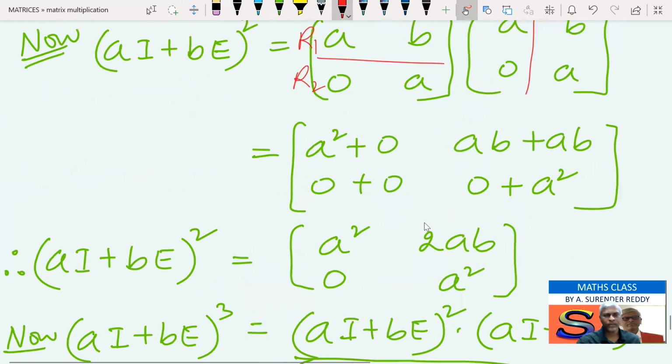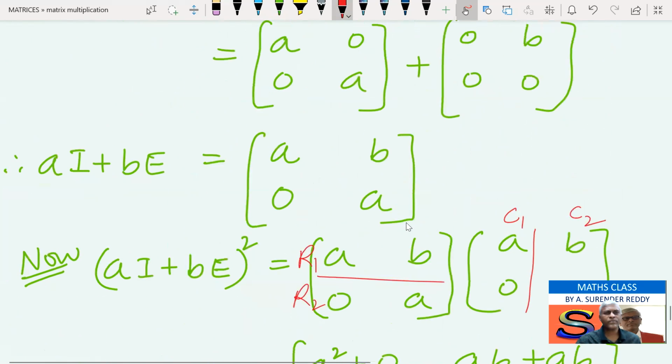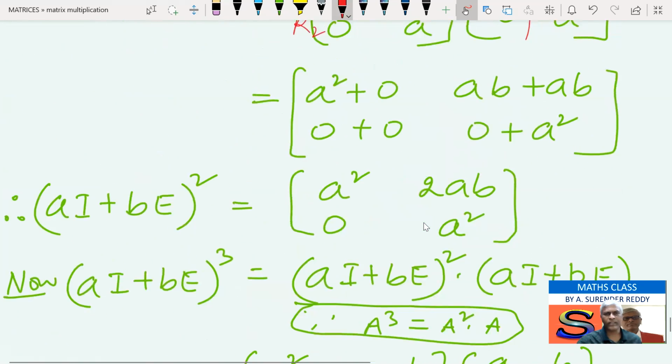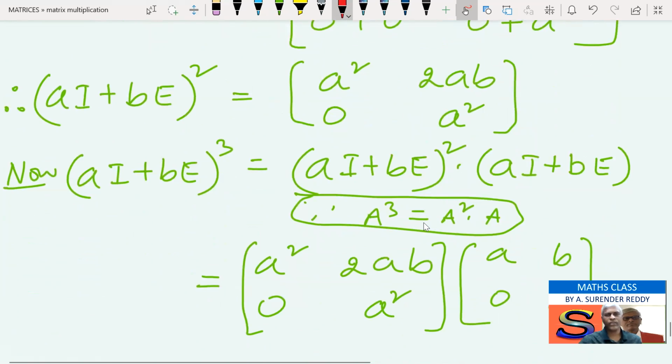From the first step, aI plus bE is a b 0 a, and its square is a square, 2ab, 0, a square. Multiply the first matrix rows with the second matrix columns.